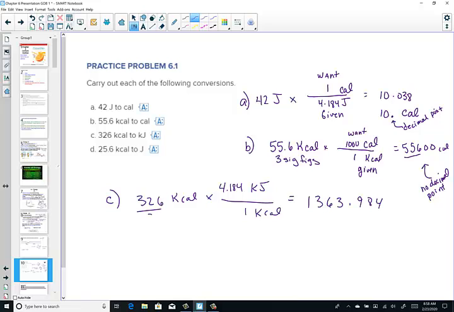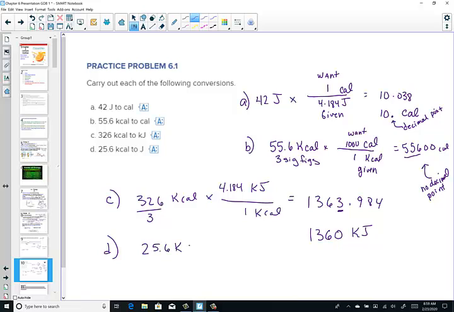We need 3 sig figs. So this fourth number here is looked at, and it is not high enough to round up. So 1360. That's 3 sig figs with no decimal, kilojoules. Letter D.